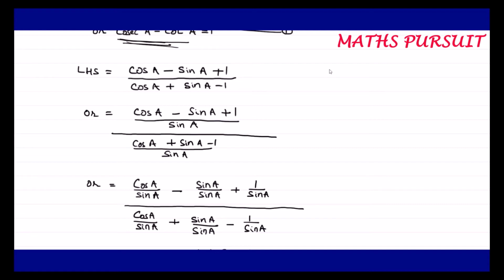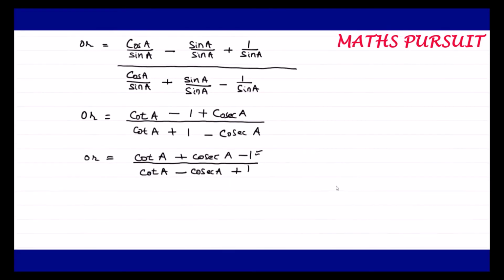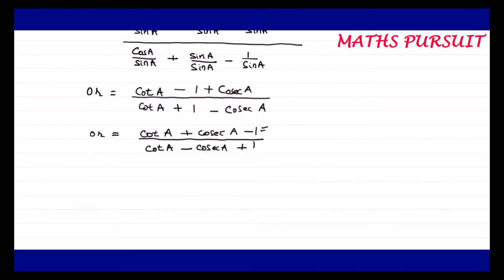So let us replace this value from equation number 1. Now if you look here, we have minus 1. So in this particular step I am going to replace the value of 1 from equation 1. This is what I mean to say.